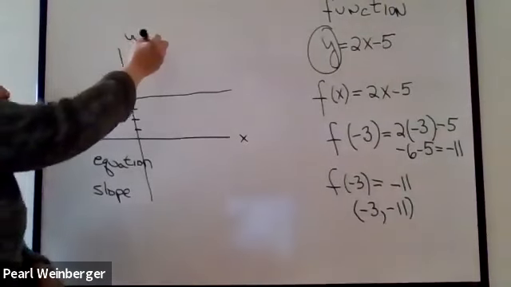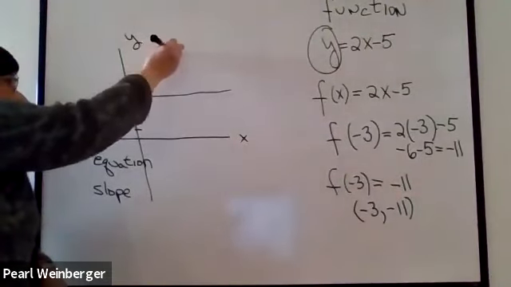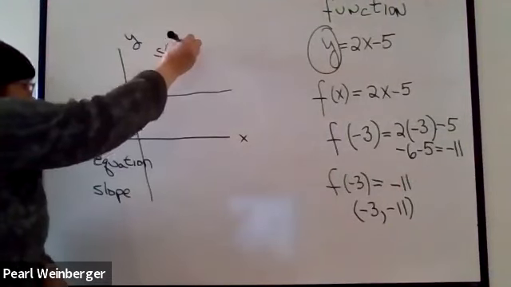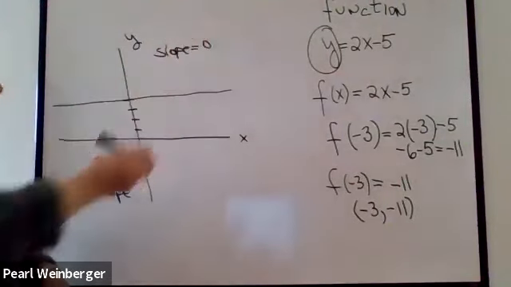The slope is 0. Okay, so two people told me the slope of this line is 0.